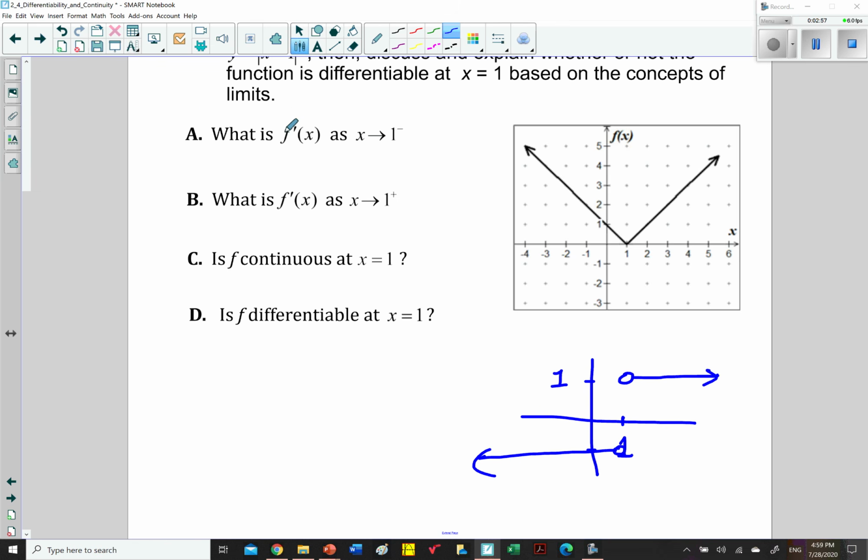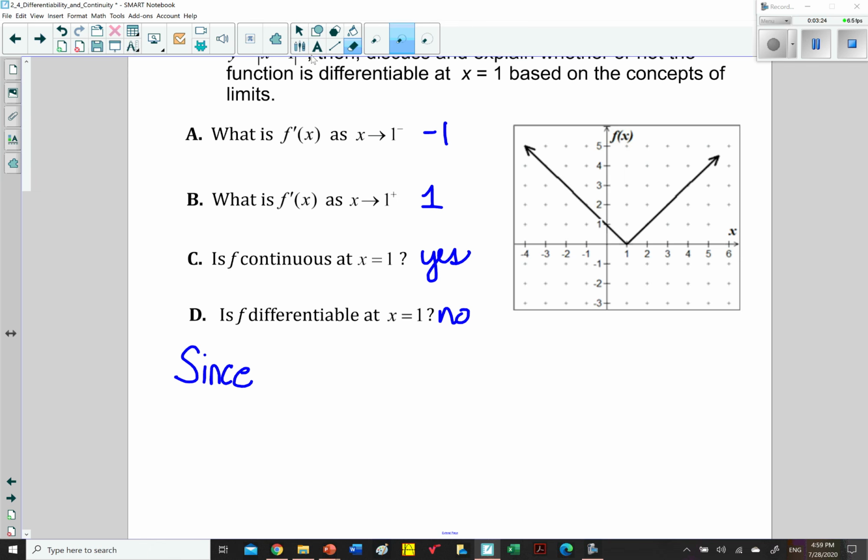So what's the derivative as x approaches 1 from the left? The slope would be -1. And as x approaches 1 from the right, the slope would be +1. Is the function continuous at 1? Yes. Is it differentiable at 1? No. And the reason we know that, let's write this down because this is like justification steps on a free response question.